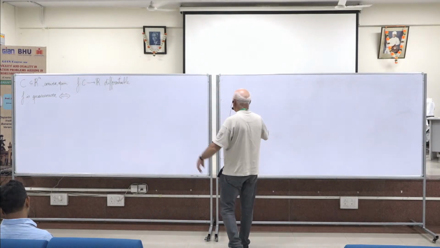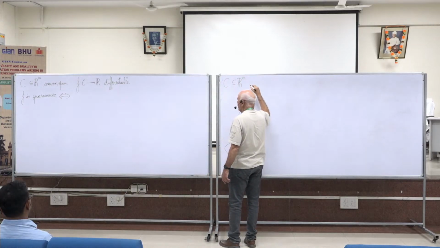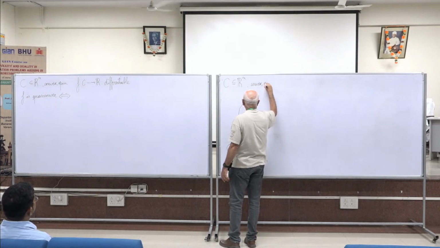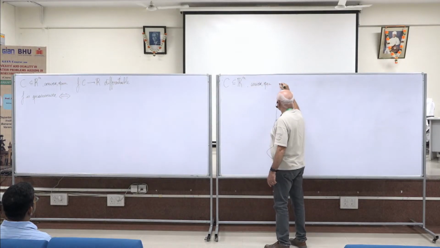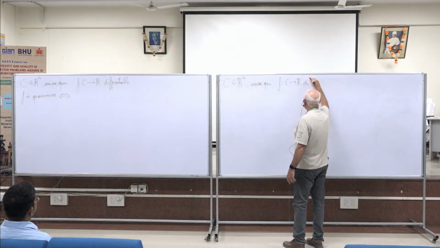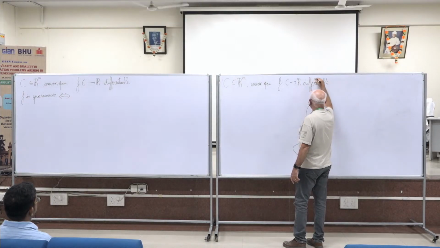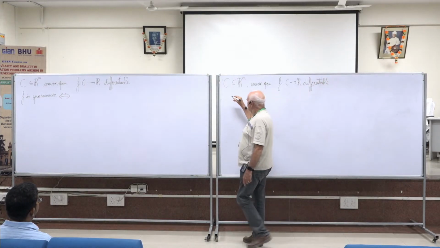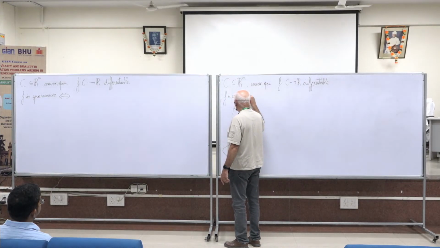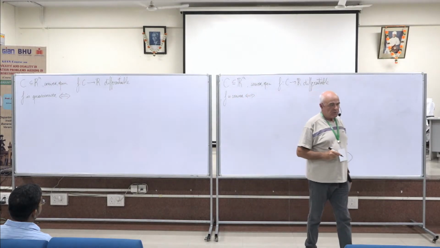So suppose we have the same situation here. What are the conditions for it to be convex in terms of the gradient of the function?